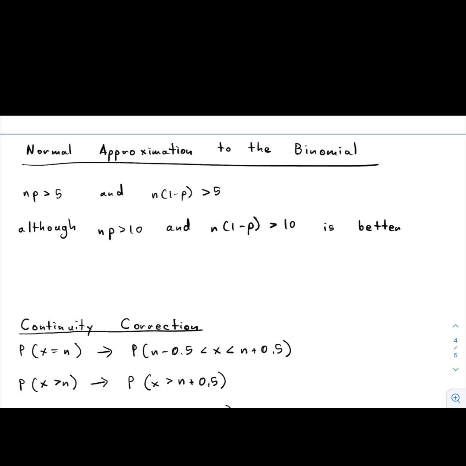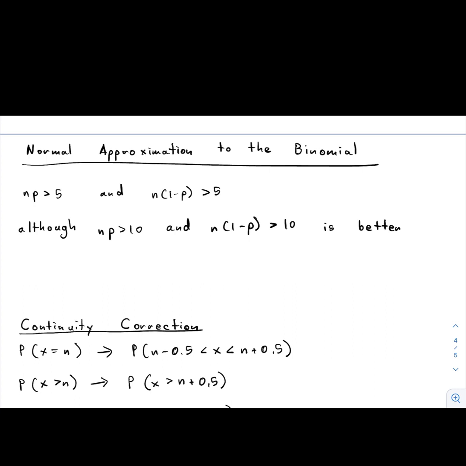And the criteria for that is n times p, or our number of trials times our probability of success, has to be greater than 5. And n times 1 minus p, or our number of trials times the probability of our failure, is greater than 5. Although it is generally preferred that these values actually be greater than 10 rather than greater than 5.